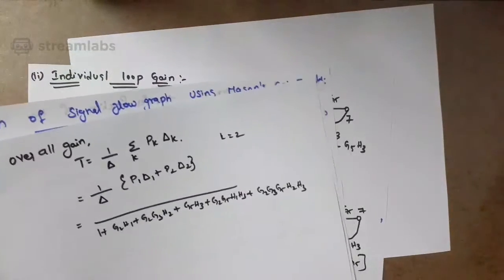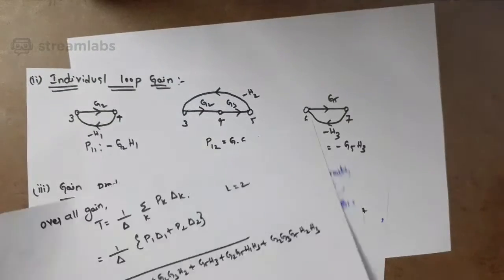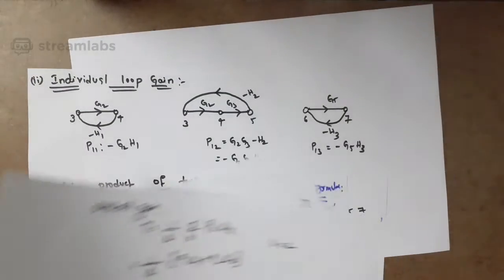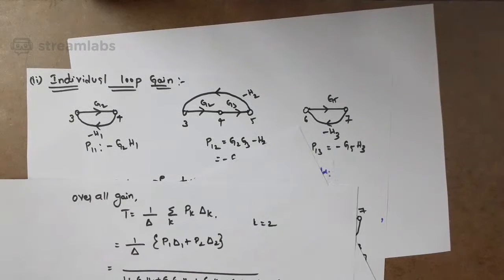P1 is the forward path gain. Just a minute.